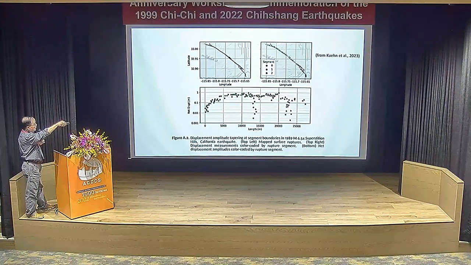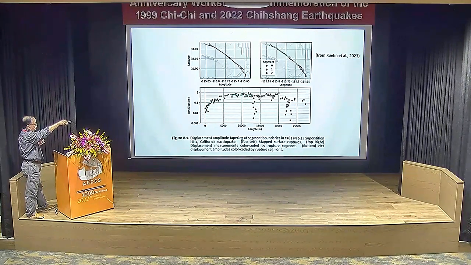This is one segment, the second segment, and the third segment. You can see that between what they call segment 0 and segment 1, the slip from segment 2 is actually decaying. That's the tapering effect that I'm talking about. And also the same thing at the interacting or overlapping section, the segment 1's slip displacement also was tapered.